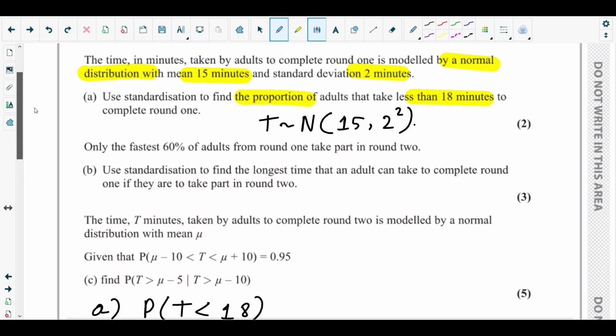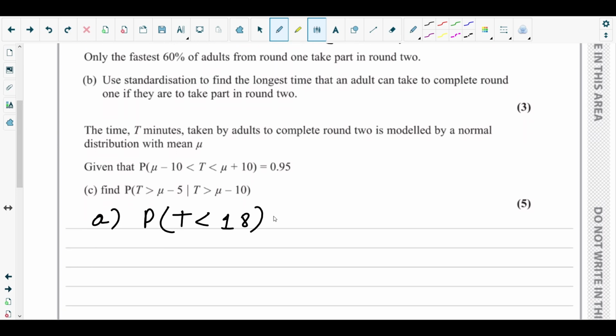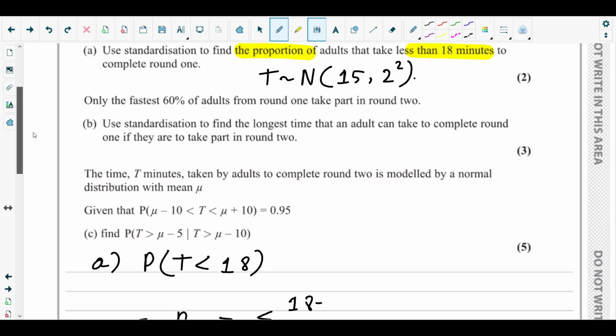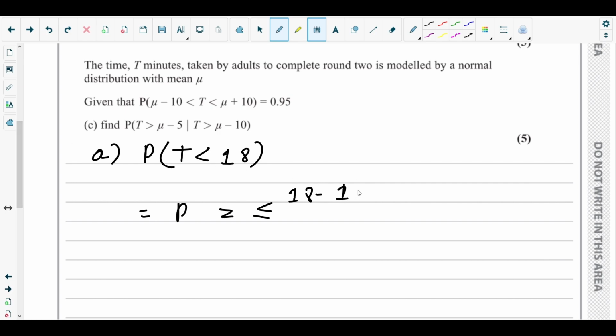We have to standardize, so the probability of Z, the standard value, is less than or equal to 18 minus the mean, 15, over the standard deviation, 2. So this is the probability of Z less than or equal to 3 over 2.